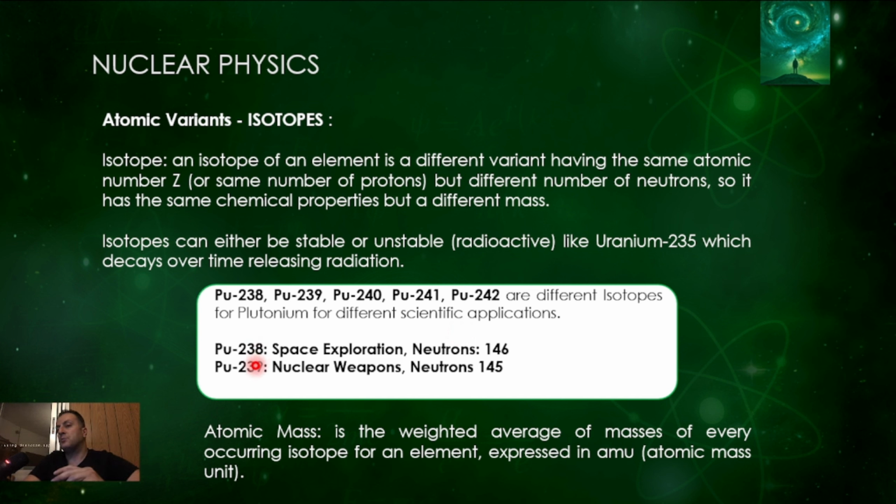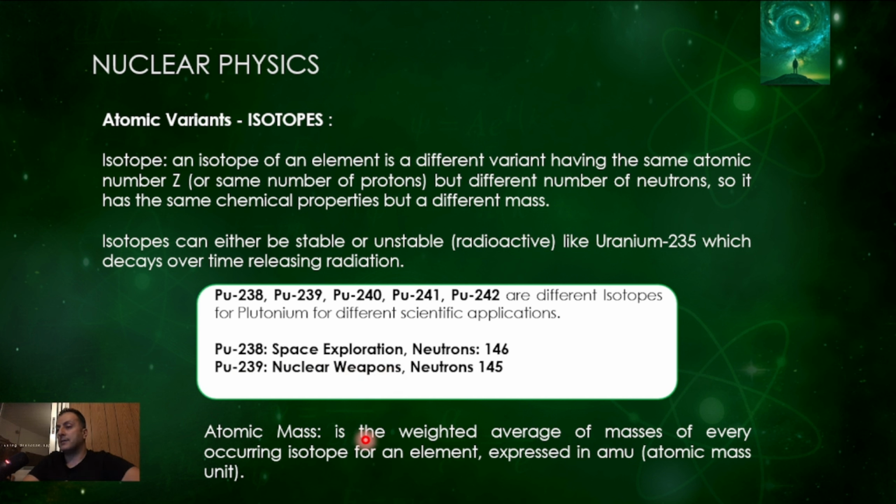So for instance, Pu-238 is made for space exploration. The number of neutrons is 146. Pu-239 is for nuclear weapons, okay, so it's kind of an enriched plutonium having 145 neutrons.